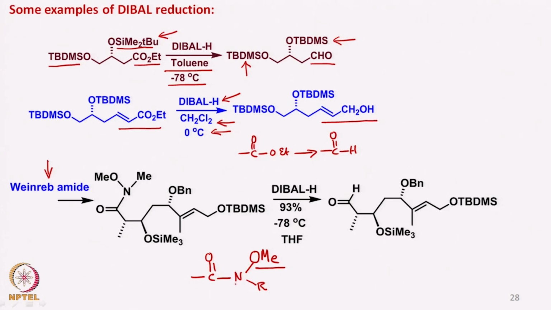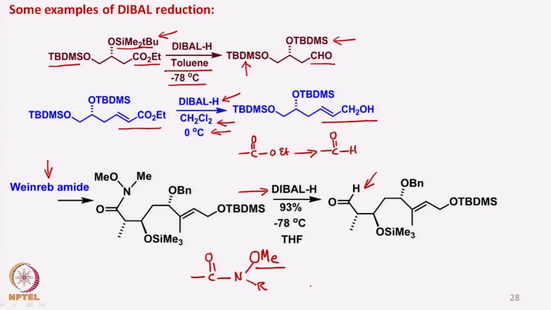And if such an amide is used, and it can easily be prepared from the corresponding ester or acid halide, and then reacted with a reducing agent or any nucleophile, for example diisobutyl aluminum hydride, then one can easily stop the reaction at the aldehyde stage without worrying about over reduction.